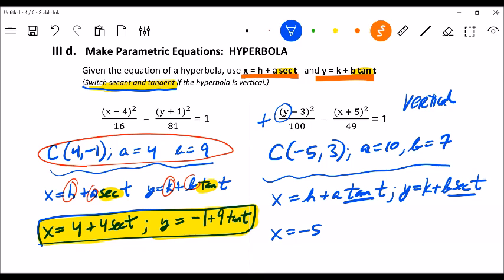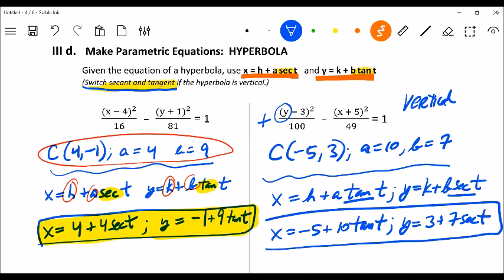H is negative 5. A is 10. Tangent T. Y is equal to 3 for the K plus 7 secant T. And those are the two equations for the hyperbola.